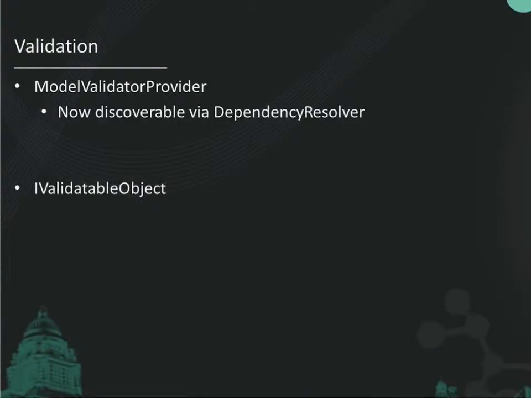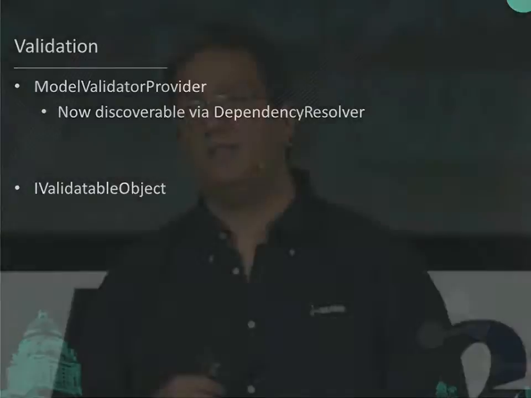Then in validation, we have the model validator provider, which now in MVC3, again, uses the dependency resolver. So this is another extensibility point, which I'll show you an example of in a minute. And we have the IValidatableObject. How many of you have heard of this guy? IValidatableObject. Right. It's an interface that allows you to validate objects.